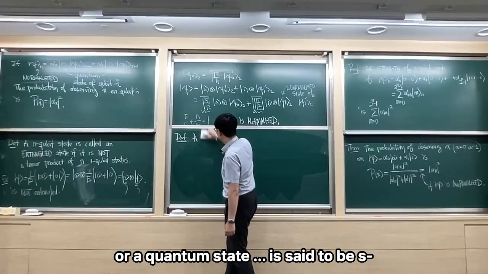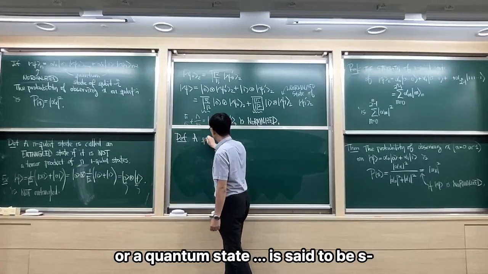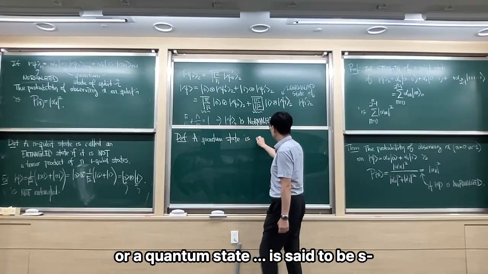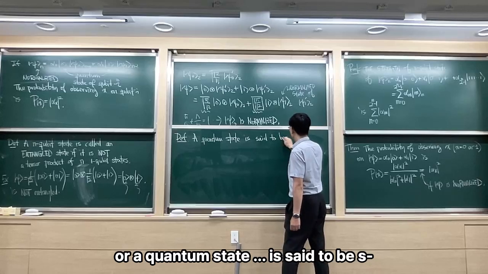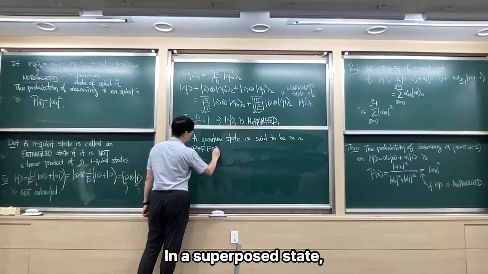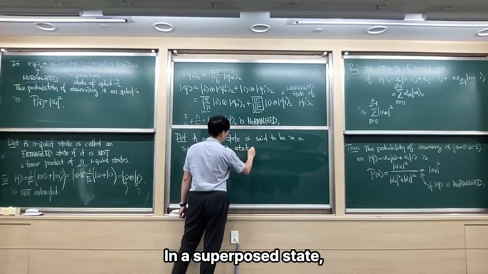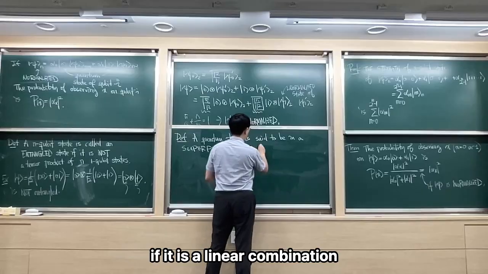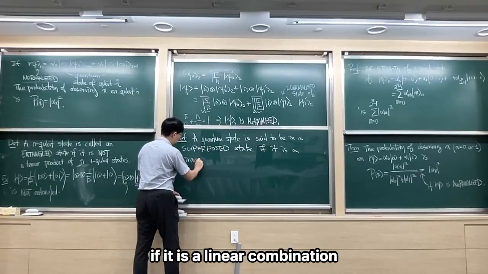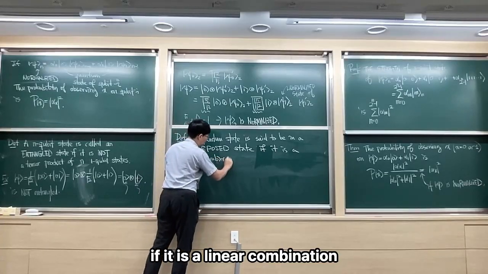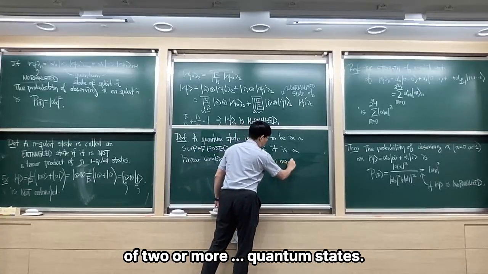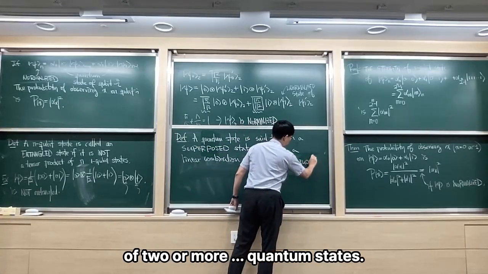So a quantum state is said to be in a superposed state if it is a linear combination of two or more quantum states.